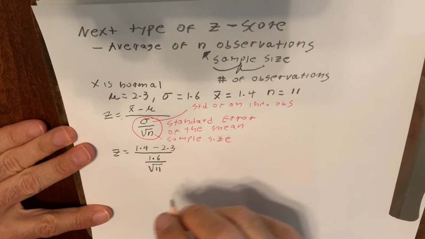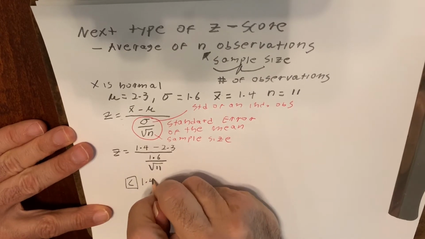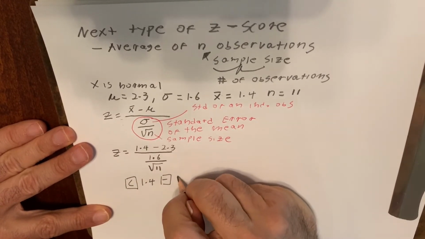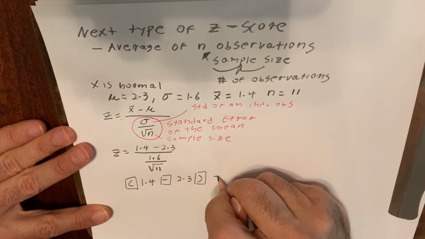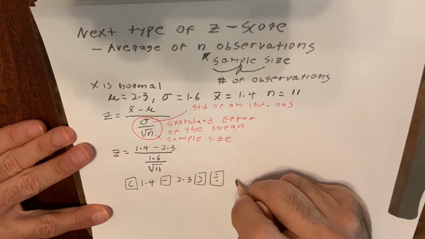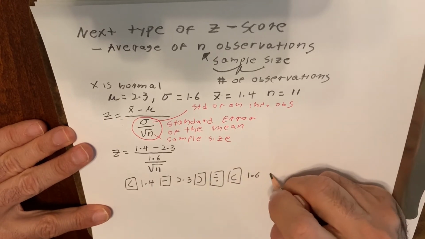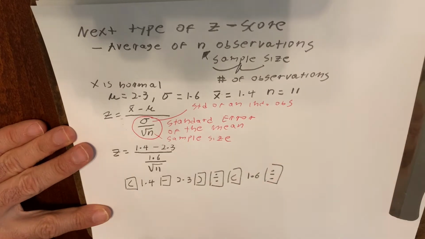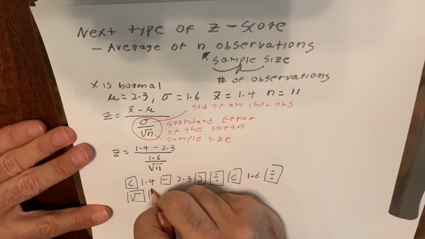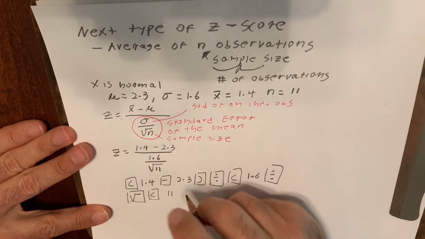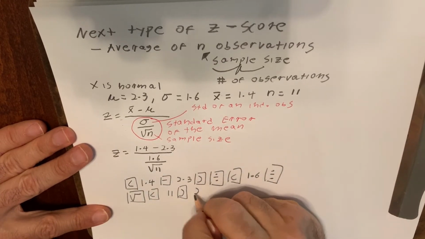So what we do is we take our parenthesis key, and then we go 1.4, and then a minus button, and then 2.3, and then we close the parentheses, and then we hit the divided by button, and then again we hit the parenthesis key, and then 1.6, and then the divided by button, and then the square root button, and then the parenthesis button, and then 11, and then you close that parenthesis, but you have another parenthesis to close.